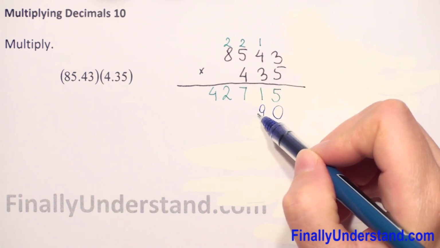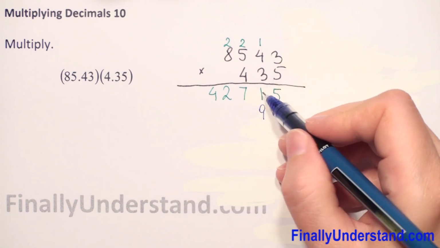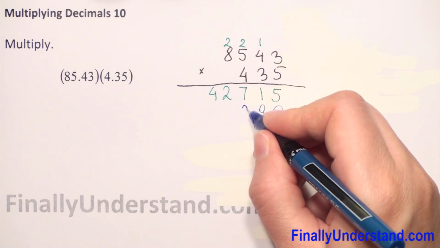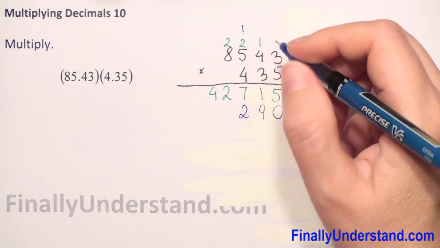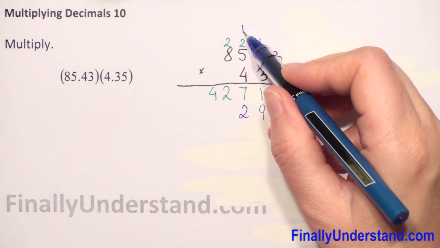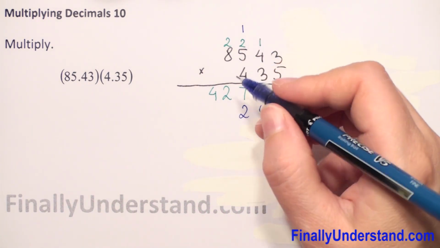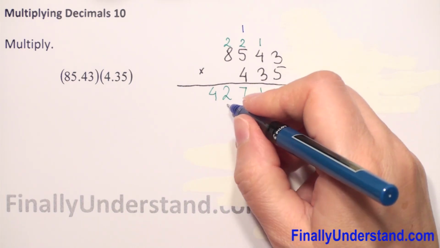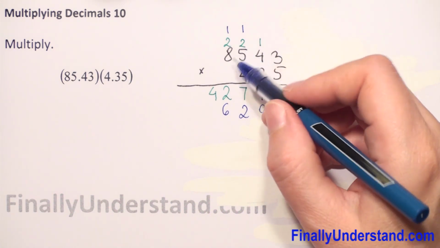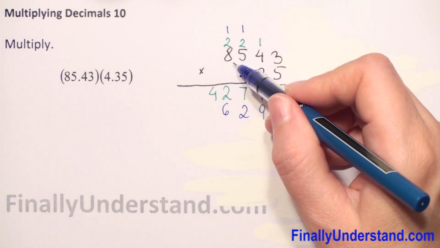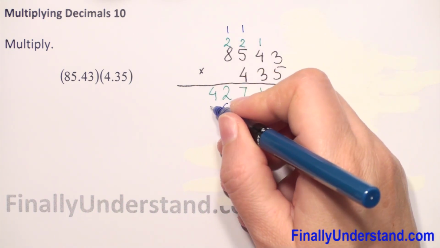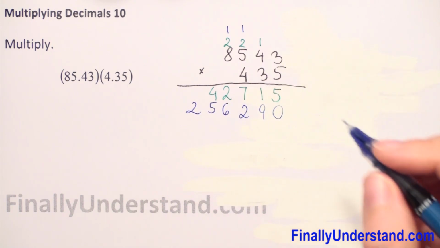And next we write the solution to the left side. 3 times 4 is 12, so we write 2 and 1 we add to the next column. 3 times 5 is 15 plus 1 is 16, so we write 6 and 1 we add to the next column. 3 times 8 is 24 plus 1 is 25, so we have 25.